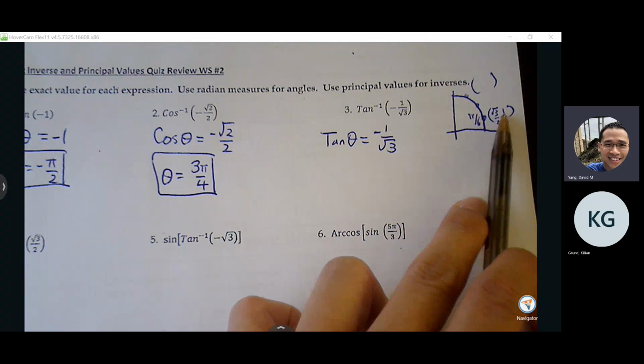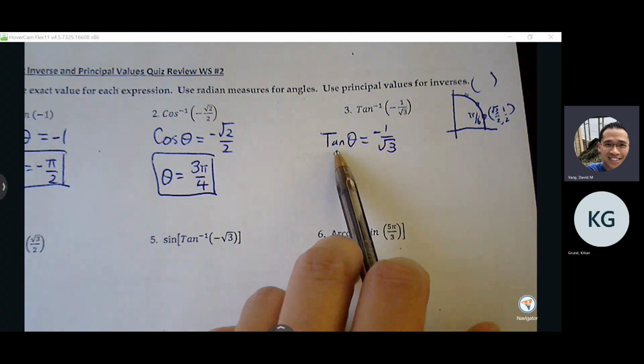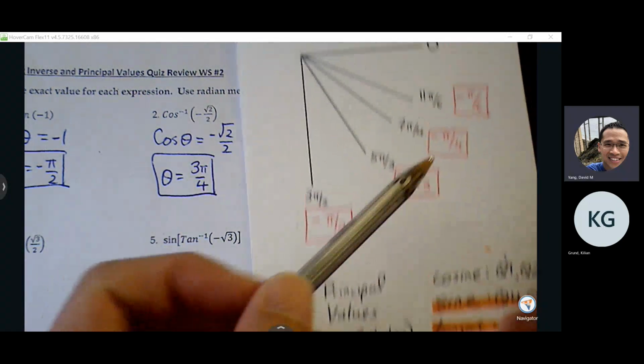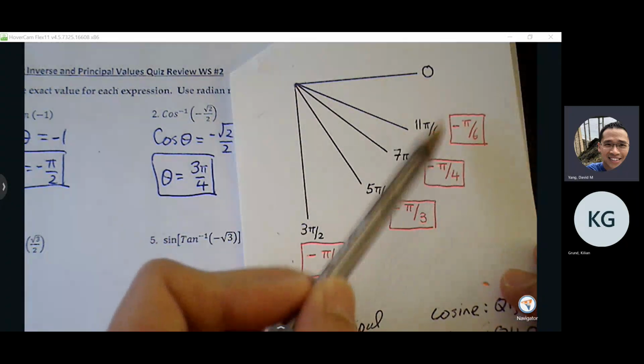So y/x, 1/√3. But with uppercase T, principal values, we're talking about the fourth quadrant. So we want something that is in that π/6 family. So -π/6.